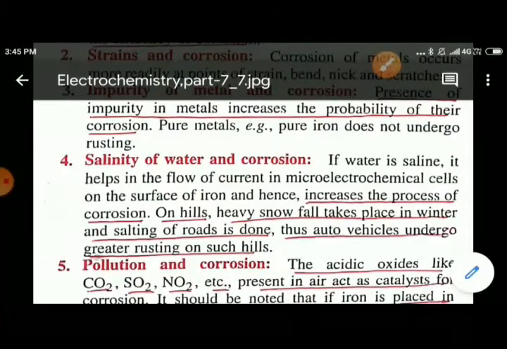After heavy snowfall, the road is covered with snow, so to melt the snow, salting takes place on the road. At that time the road becomes salty and thus auto vehicles undergo greater rusting on such hills. So in short, if saline condition is there, the rusting process is found to be fast.